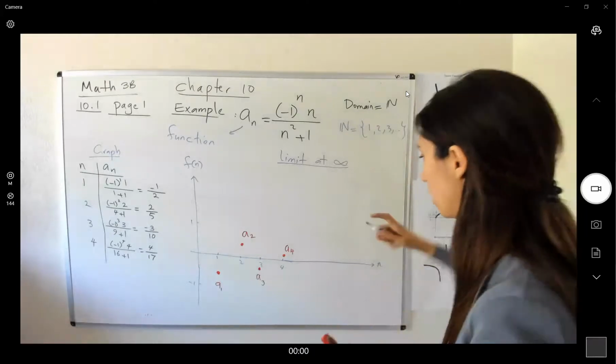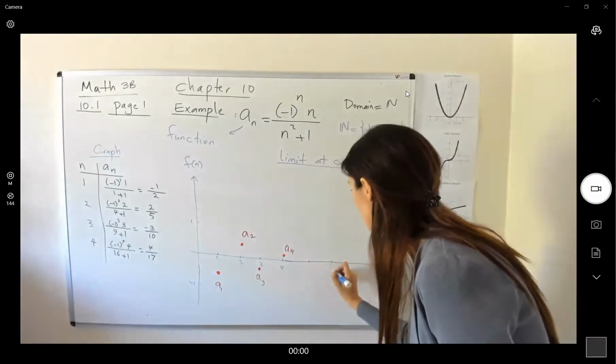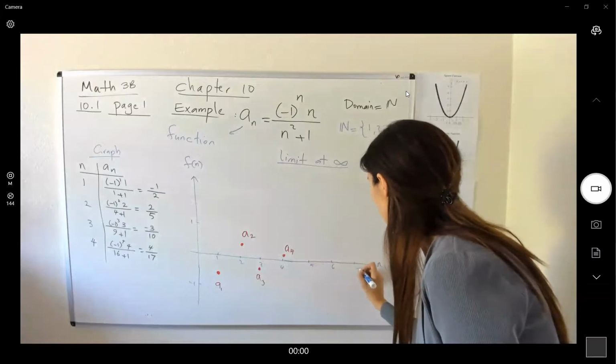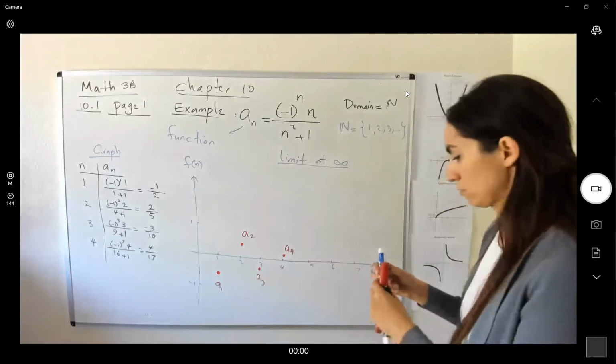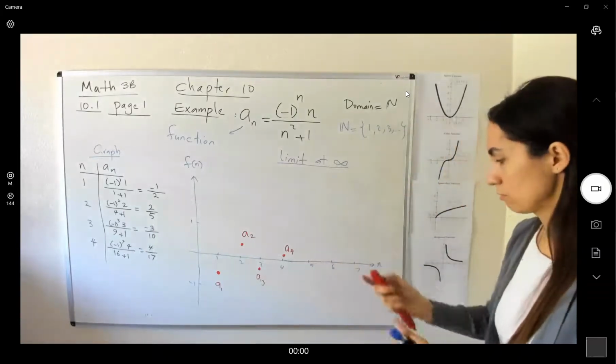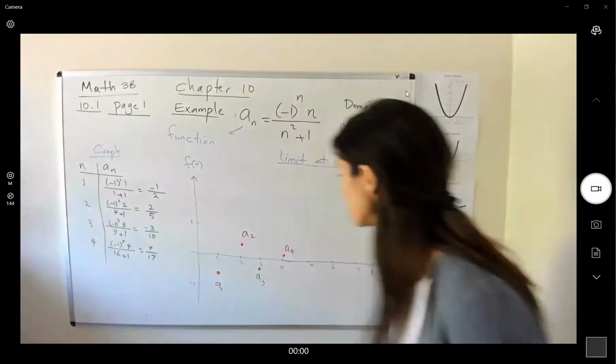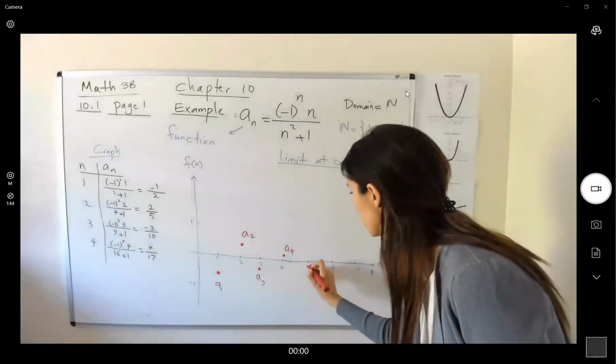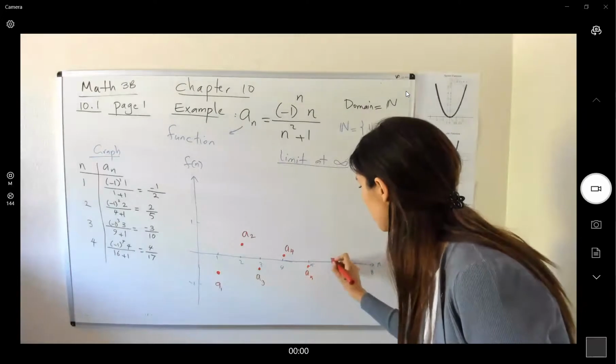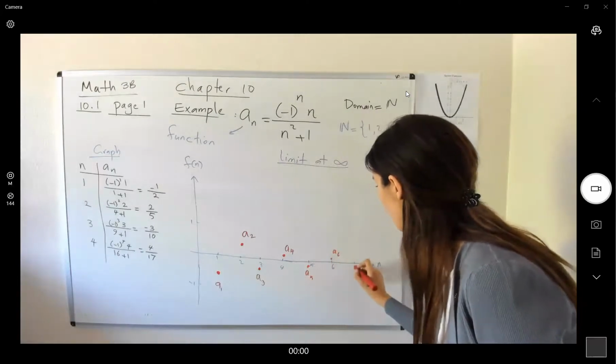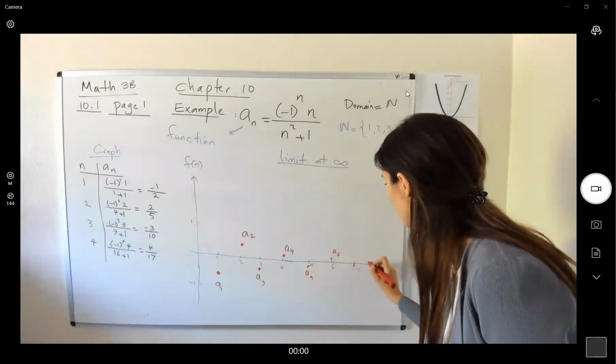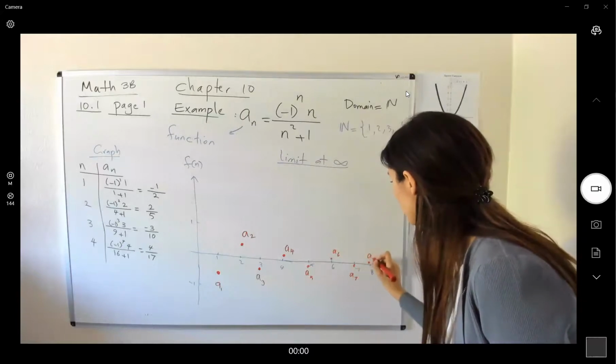So here, if you have 5, with a negative number, 6, 7, 8. You can continue this process. You can plug in different values. You get a sub 5, a sub 6, a sub 7, a sub 8.